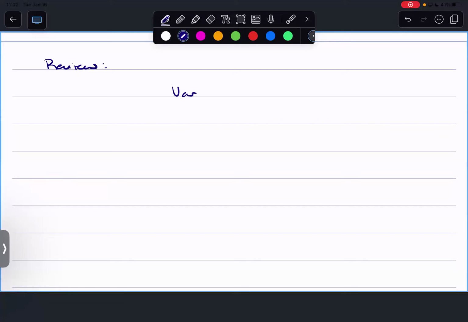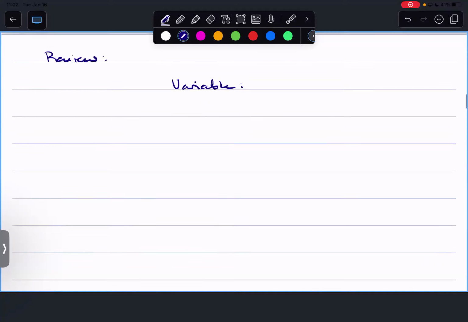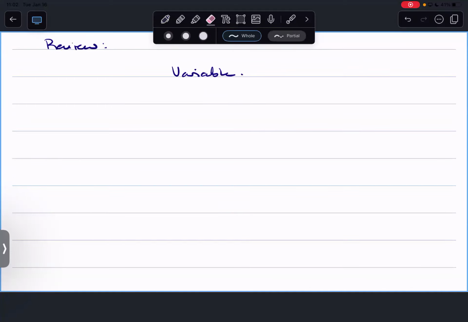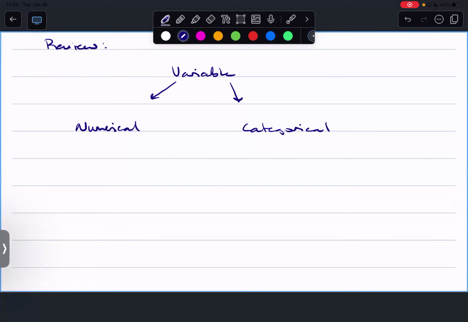If we have a variable, then it's either going to be numerical or categorical. And we introduced some synonyms, right? Quantitative, qualitative, but we're just going to focus on numerical and categorical today.